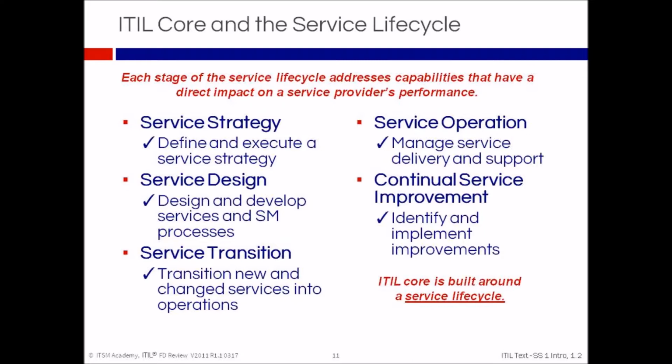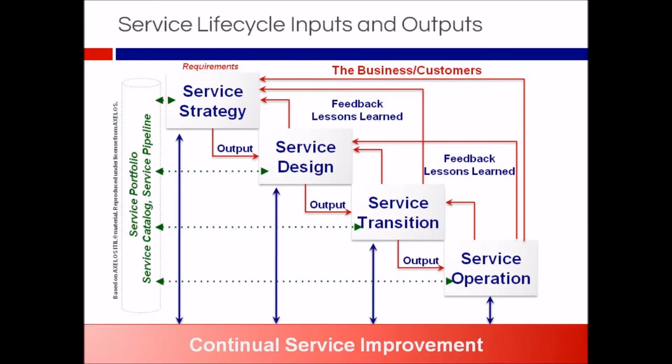Yeah, I think it's important to keep that in mind, Mike, when you're talking through these stages, it leaves the impression a little bit that they're linear, that you start with service strategy and you end with continual service improvement, but that's not the case at all. There really is no end. There is no finish line.